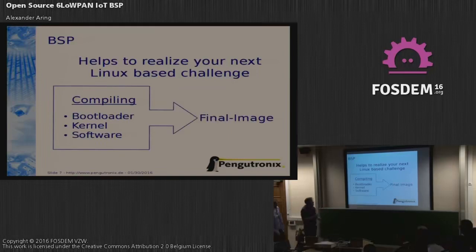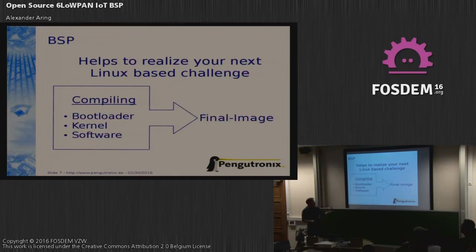And my Vplan kit is a board support package. A board support package helps you to realize your next Linux-based challenge. That means it does a lot of cross-compiling: the bootloader, the kernel, the user-space software, and at the end we have a final image. So you don't need to replace the running kernel from your Raspbian anymore.